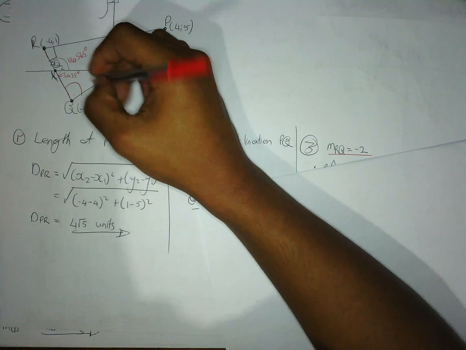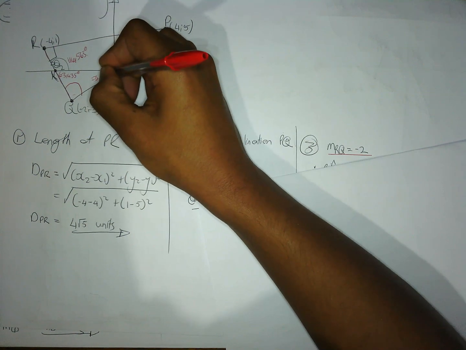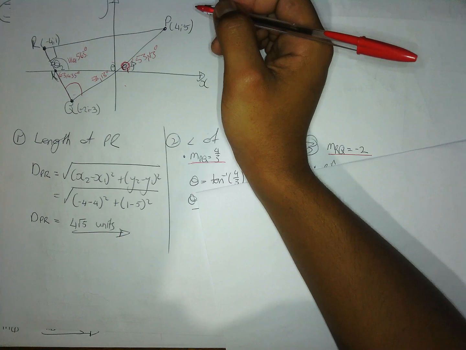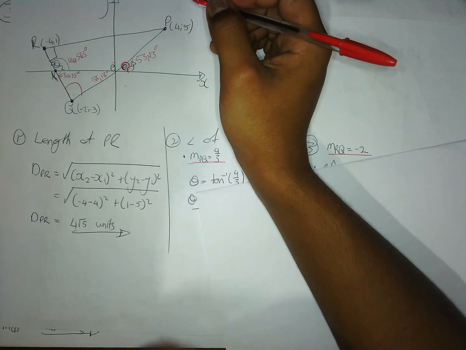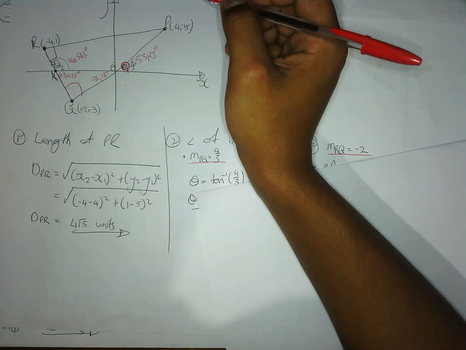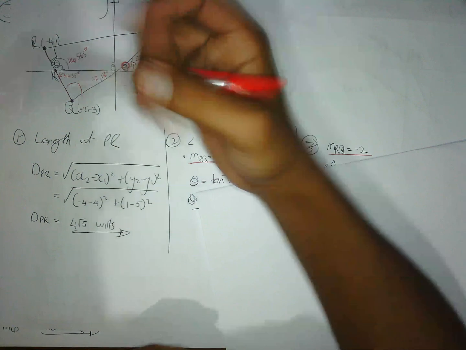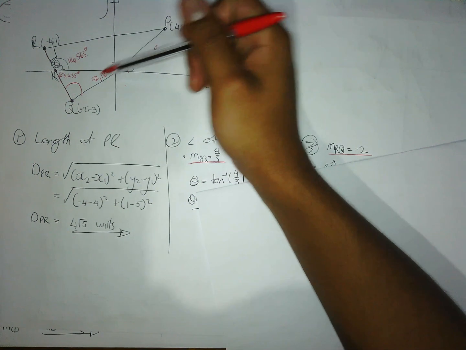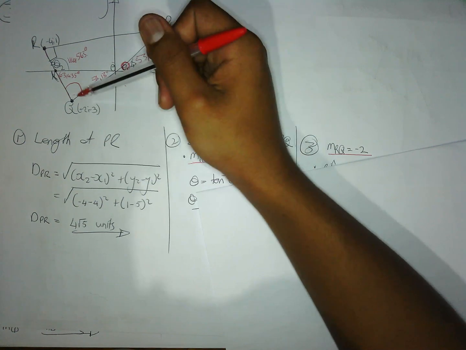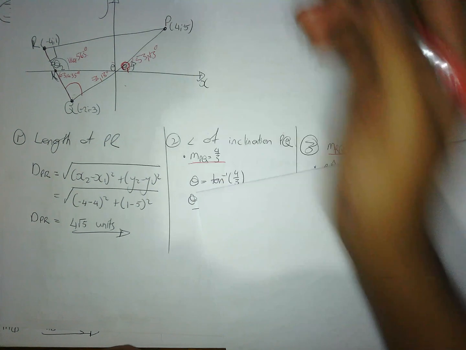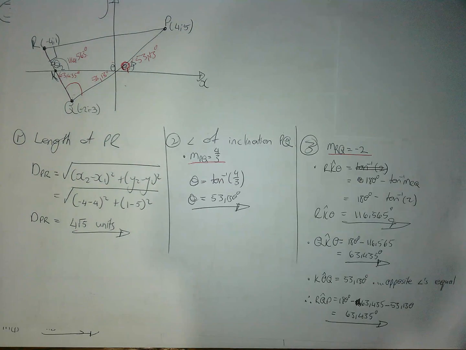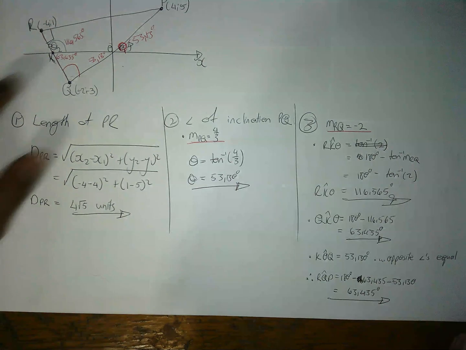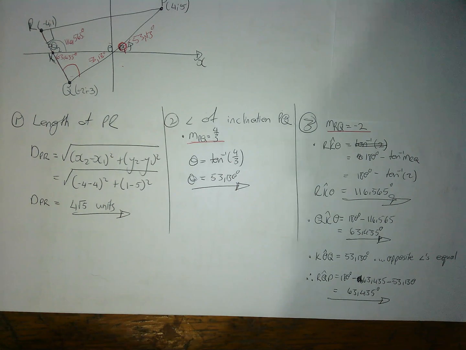This angle inside here is 43.13 degrees. Then the interior angles of a triangle equal 180 degrees, so 180 degrees minus 63.435 minus 53.13 should give me this angle over there. And there you get my answer. Whether it's the same as the other one, it's my answer.